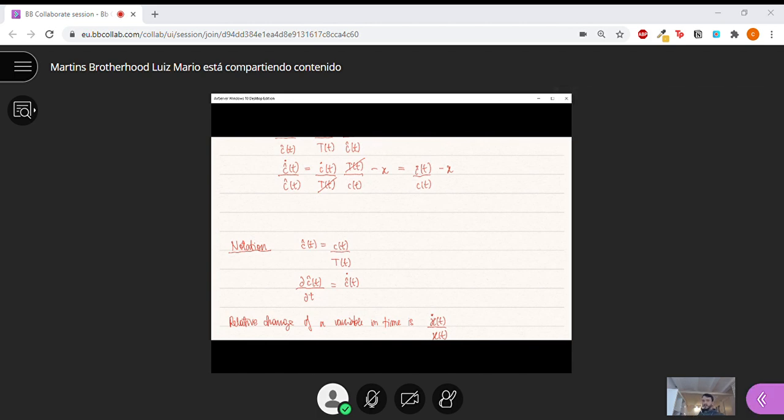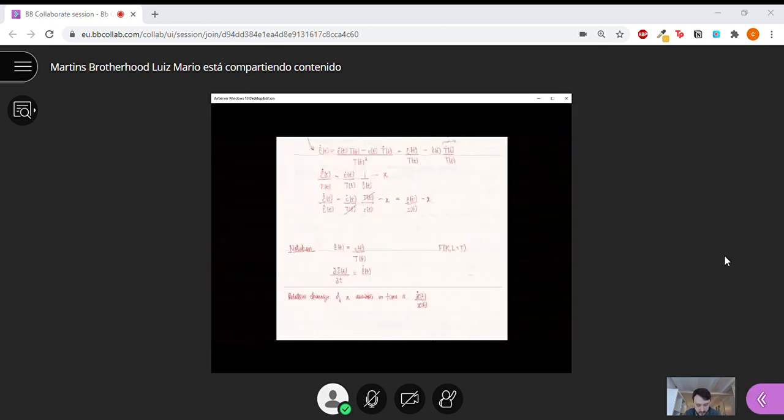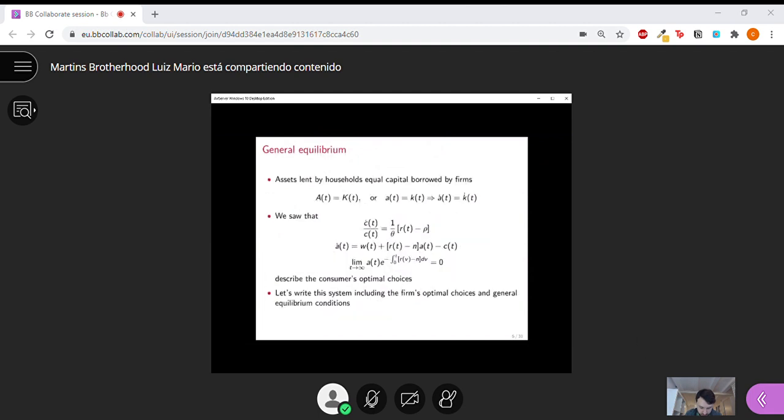Remember that this T is the labor productivity. The production function is f of k and L, and then this L is multiplied by T. So that's the T. Yes, Alejandro.